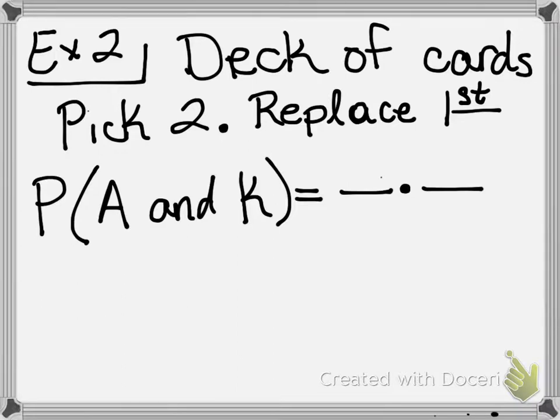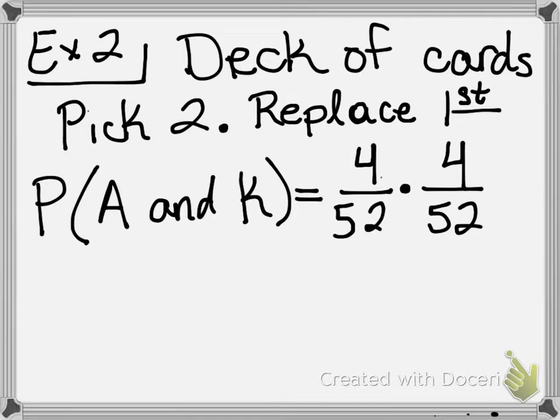So in a deck of cards, there's 52 cards total, so that's going to go in the denominator. And the first card I want to draw is an ace. In the deck, there are 4 aces. After we draw that ace, we put it back, and there are still 52 cards. And in there are 4 kings.